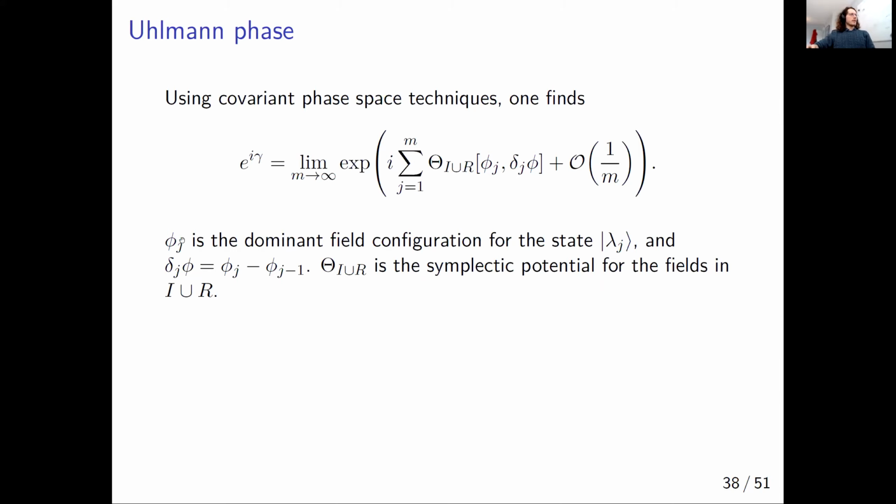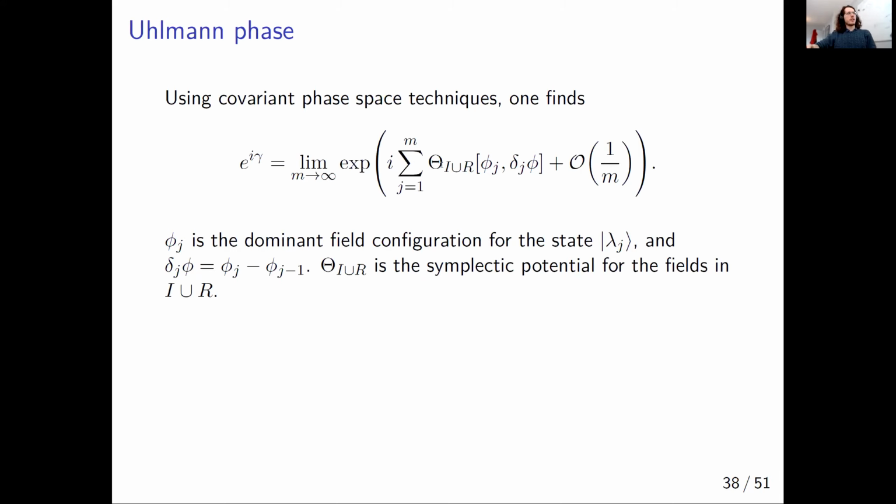So here, I've introduced some notation. So phi j is the dominant field configuration corresponding to the state lambda j. Delta phi is the change in field configuration as you go from one state to the next.